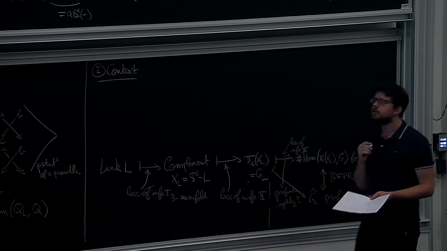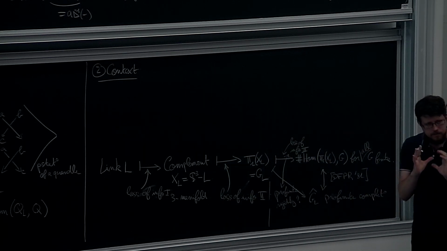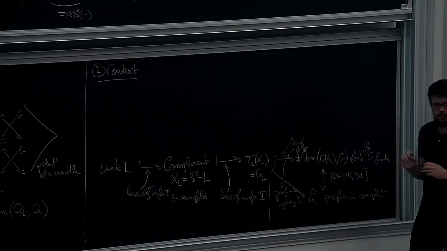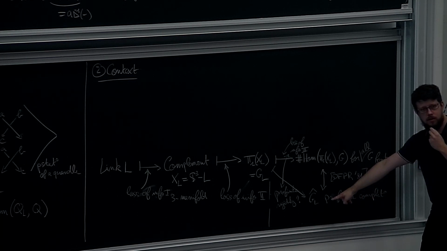The question is, can you recover GL from the profinite completion? And if you know that it's injective and you can't characterize the image, then I guess up to continuous isomorphisms.